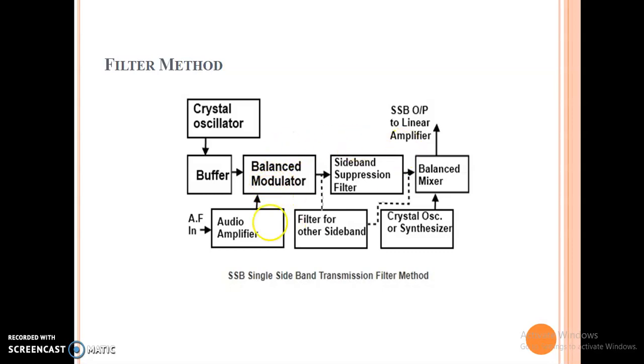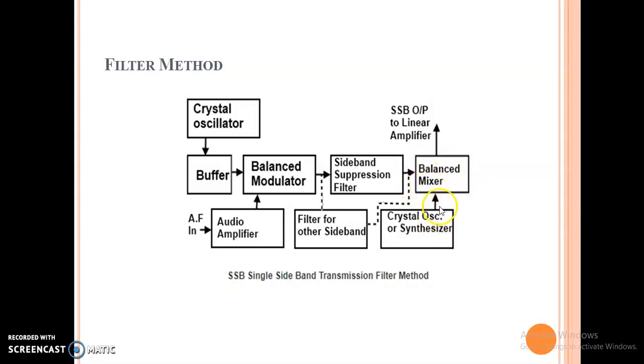Okay, then it goes to the sideband suppression filter. Means the basic function of this filter is to suppress the one sideband. Balanced modulator will suppress the carrier and this filter will suppress the one sideband. Then this sideband is having a very low frequency. So to upconvert this frequency we are using a balanced mixer.